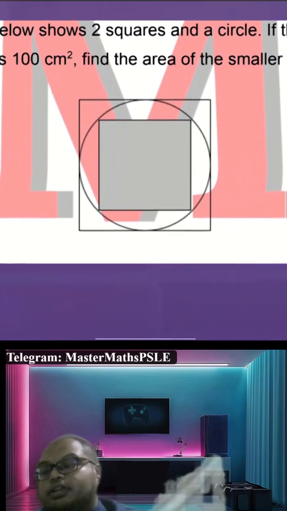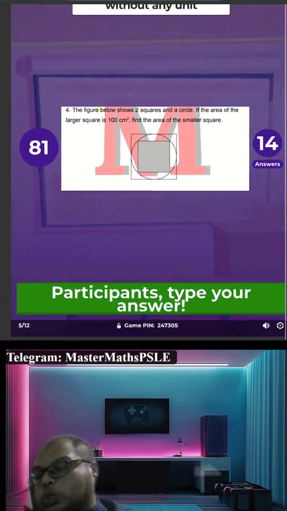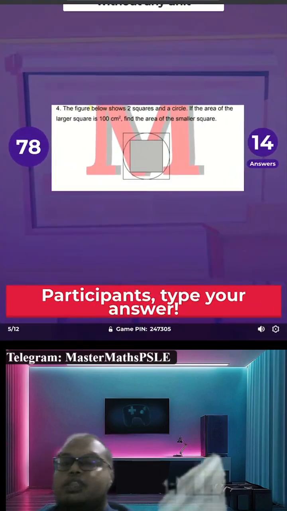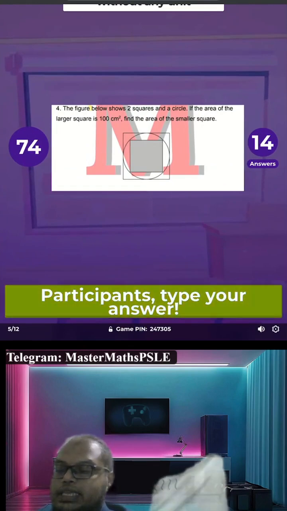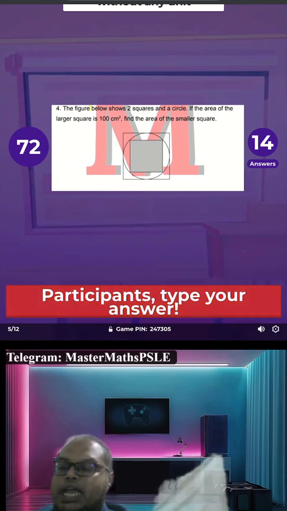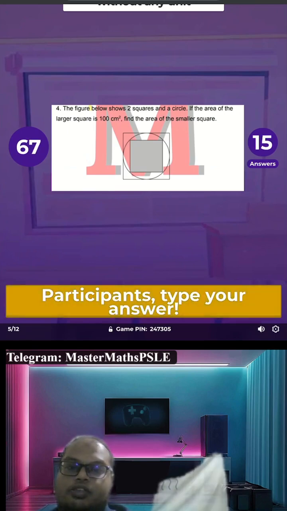So at the same time, what is the diameter of the circle? The hint is that the area of the largest square is 100 cm square. So how?